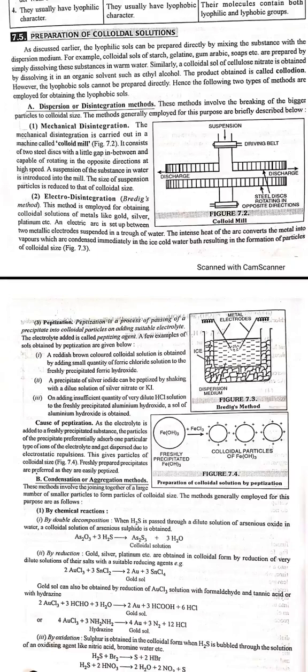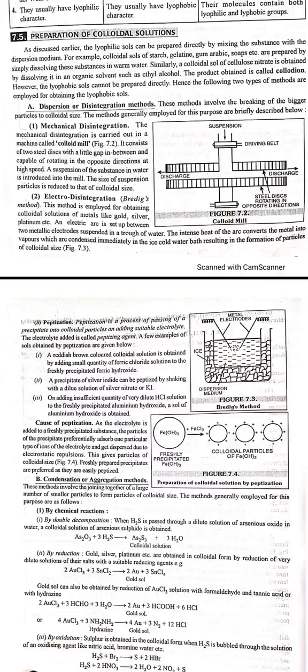Second, a precipitate of silver iodide can be peptized by shaking with a dilute solution of silver nitrate or KI. Third, on adding an insufficient quantity of very dilute HCl solution to freshly precipitated aluminium hydroxide, a sol of aluminium hydroxide is obtained. We can see its figure 7.4, preparation of colloidal solution by peptization.